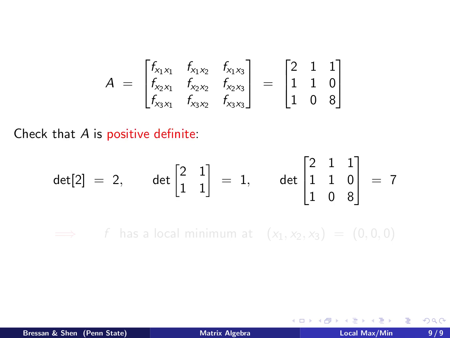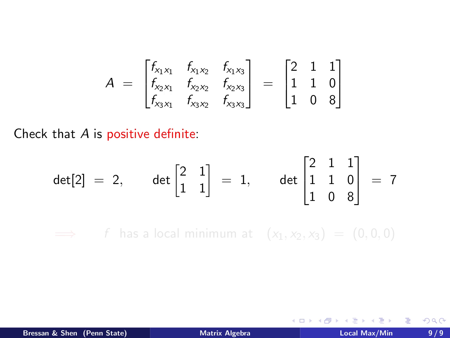Now we need to check if A is positive definite or negative definite. So we can use Sylvester's criterion, and we compute the determinants of all these submatrices. Take the first one, that's 2, the determinant is 2, and then the second one is this one, and the determinant is 1, and then the third one is the whole 3 by 3, and it's 7.